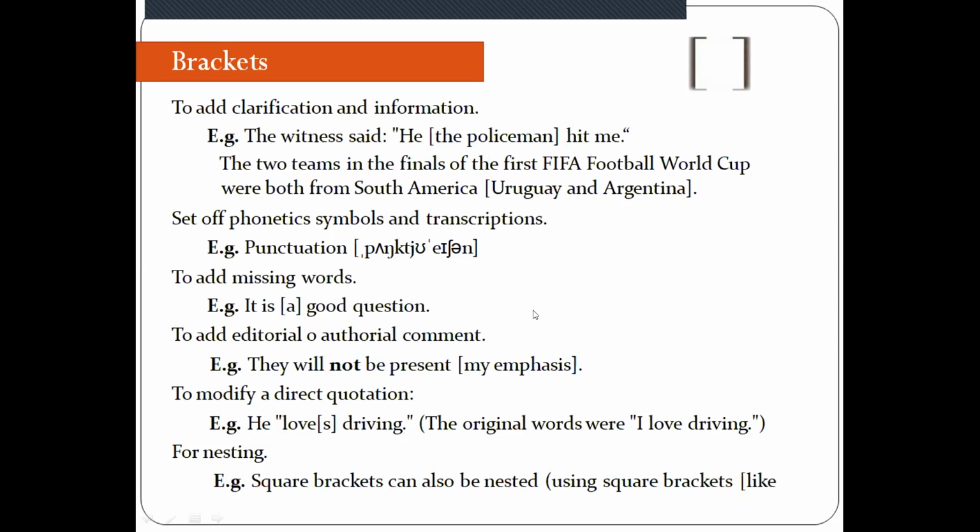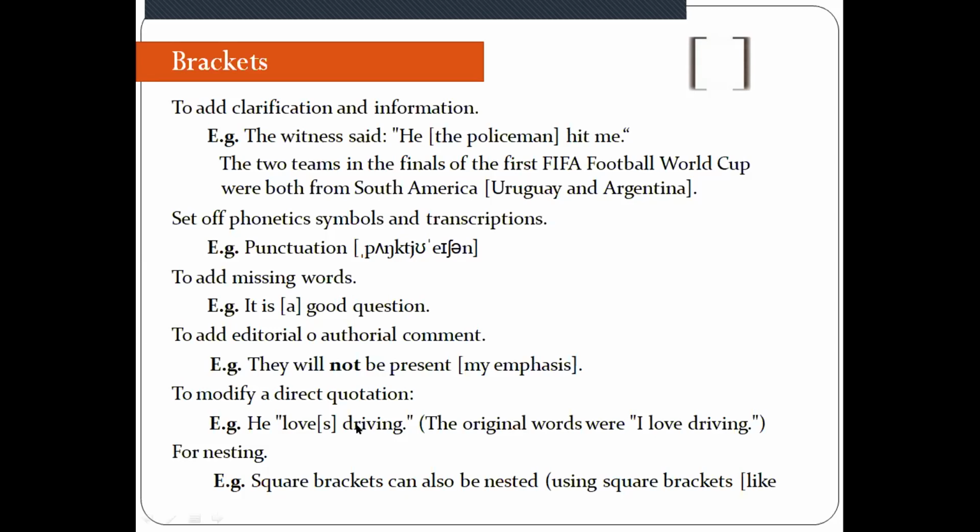Then to add editorial or authorial comment, they will not be present. My emphasis. So when you are marking or proofreading, you use brackets to indicate what must be worked upon.